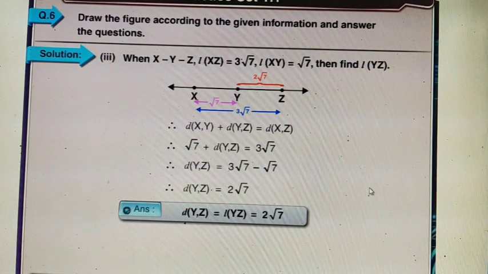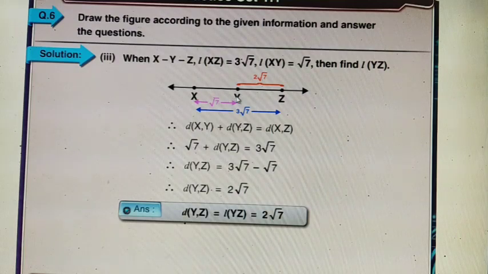Question number 3. When XYZ, length of XZ is equal to 3 root 7, length of XY is equal to root 7, then find length of YZ. You can see the figure here. The full length is given as 3 root 7, and this part XY is given as root 7. Now you have to find this YZ. Therefore, distance of XY plus distance of YZ is equal to distance of XZ.